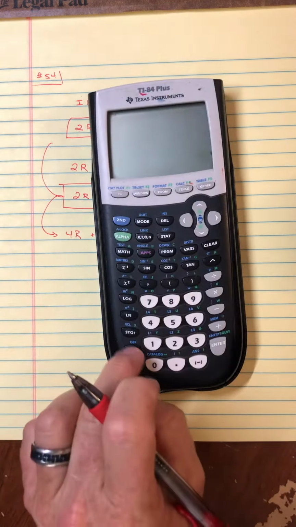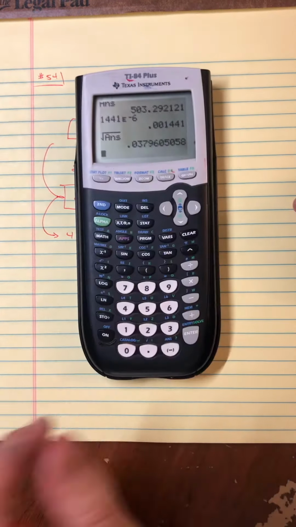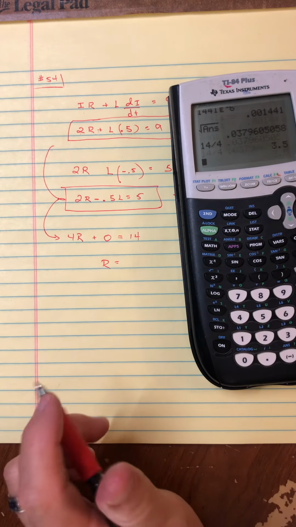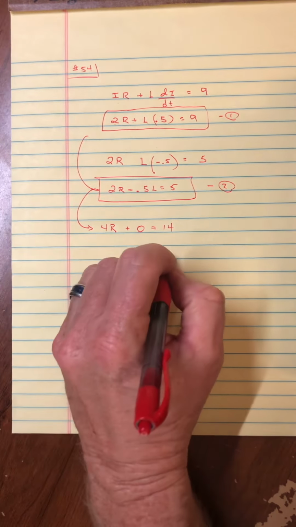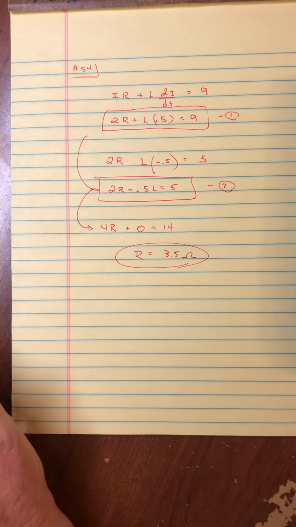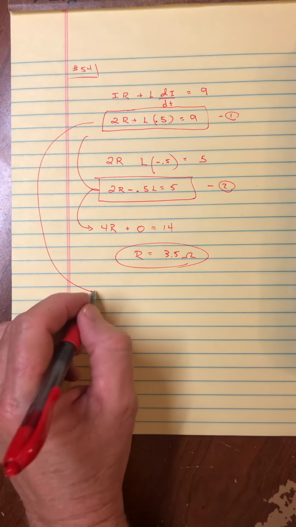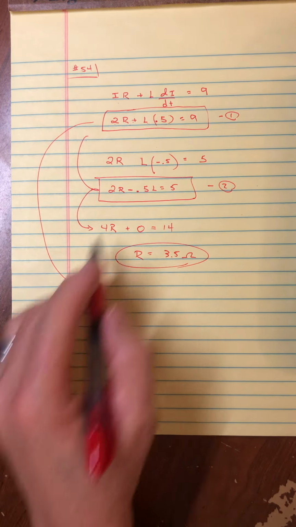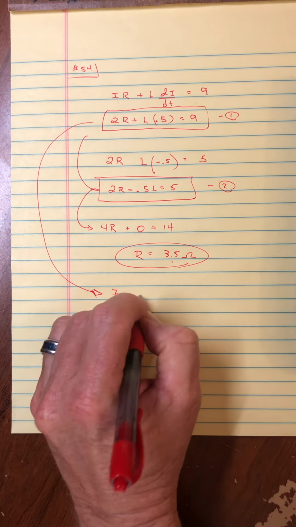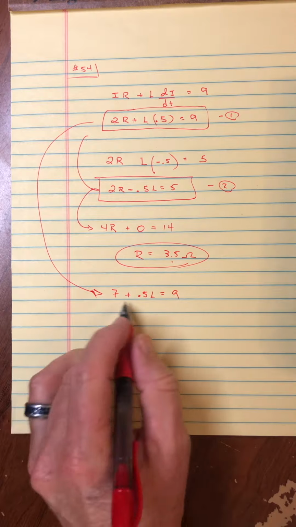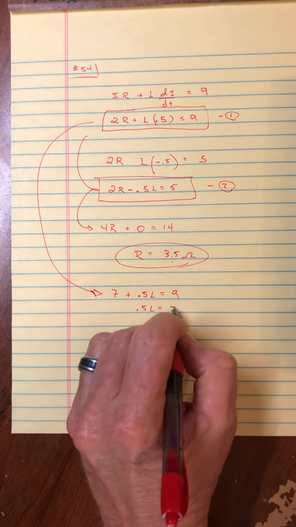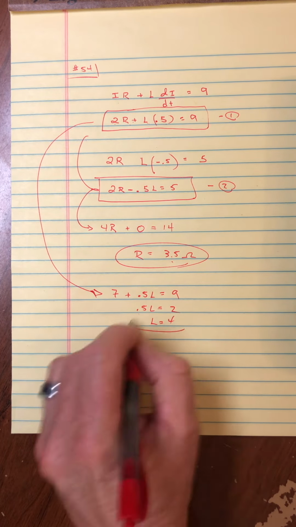And so solving for R, I can get 14 divided by 4, which is 3.5 ohms. So there's the resistance. And then use that, and it doesn't matter which one, I'll grab the top one, but 3.5 times 2 makes that a 7, plus a half a L equals a 9. Subtract 7 from both sides is a 2, and then L equals a 4.